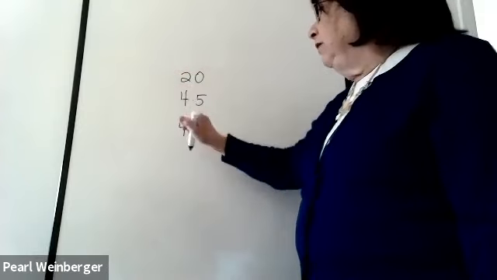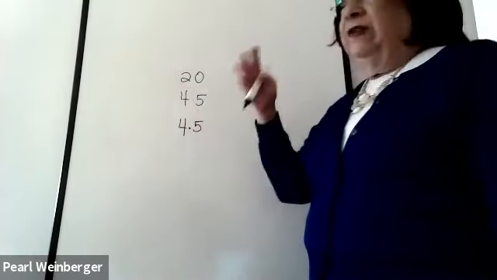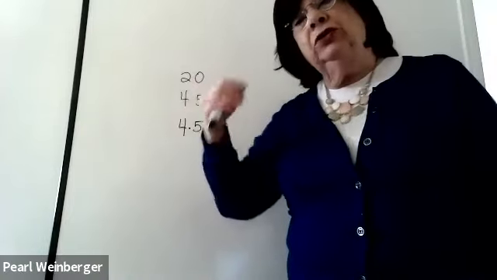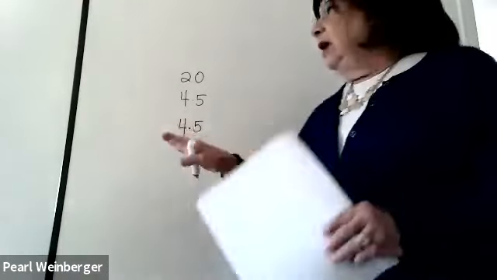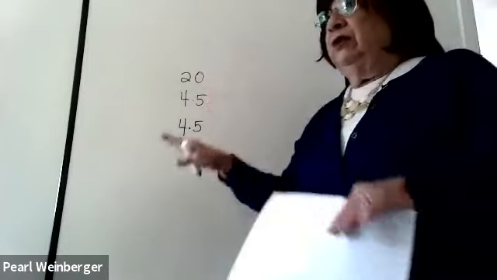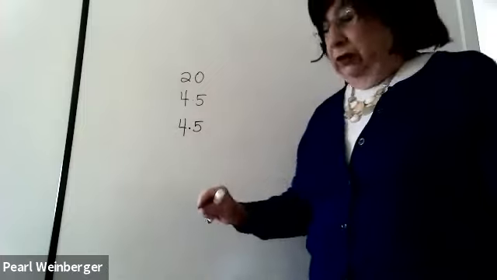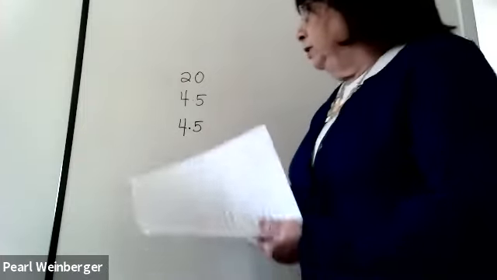The 20 divided by 4 will give you the 5. So you have to figure out at least one factor, and then you can use division to find the second factor. And again, the 4 and the 5 together are the factors of 20. How does that apply to polynomials?